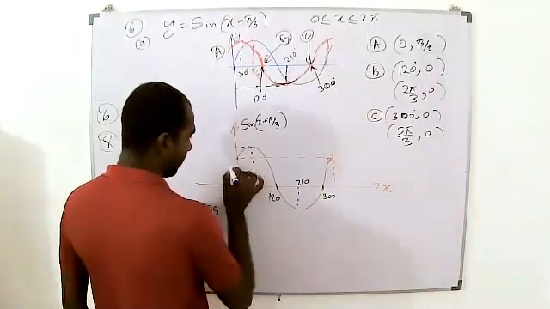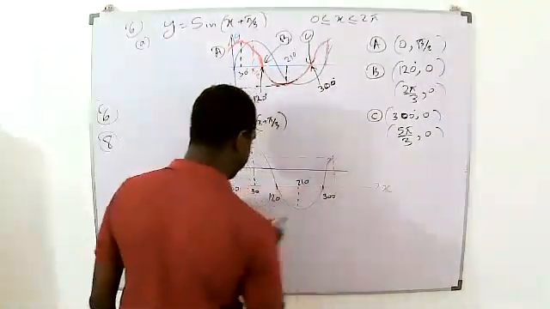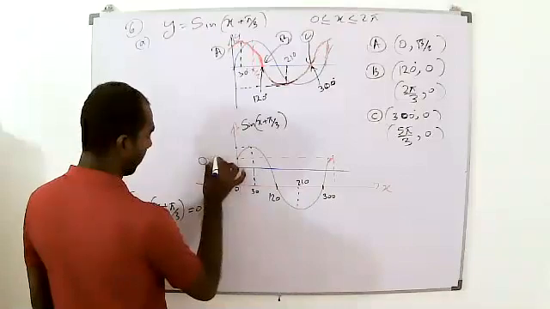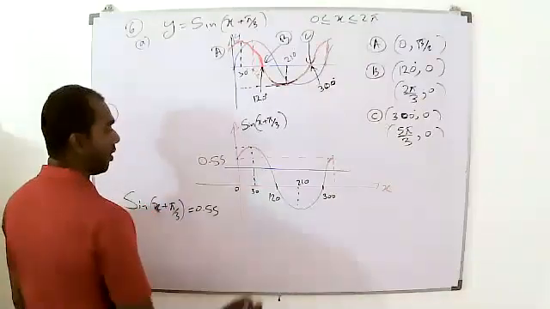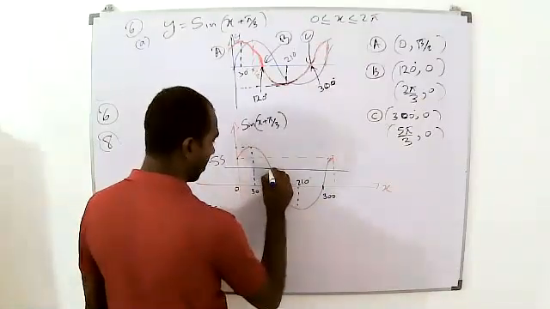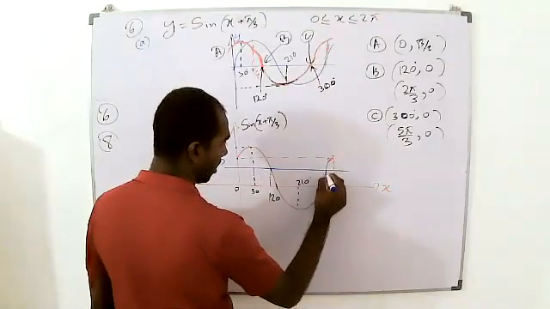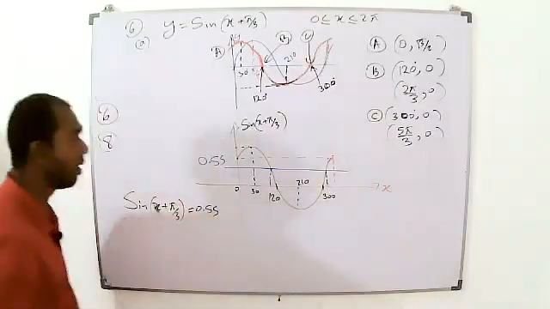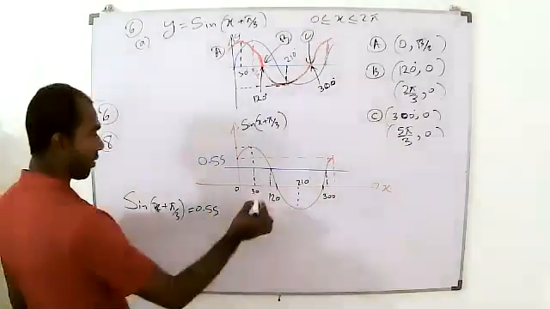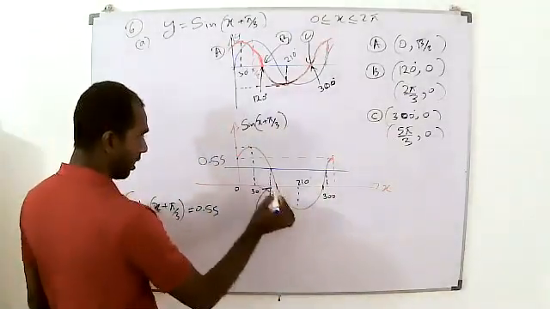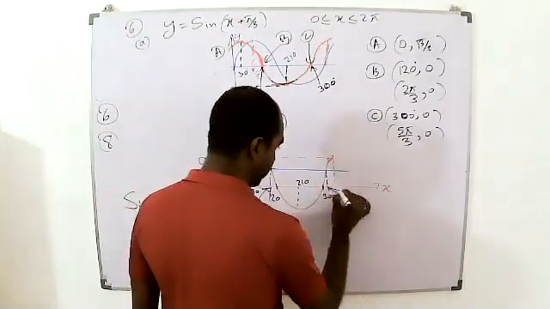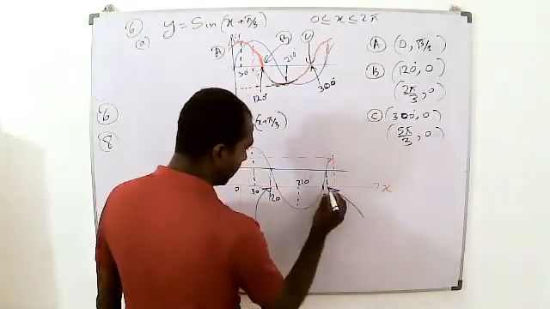Now 0.55 will be somewhere here. Now these two values are going to give us exactly the needed value.